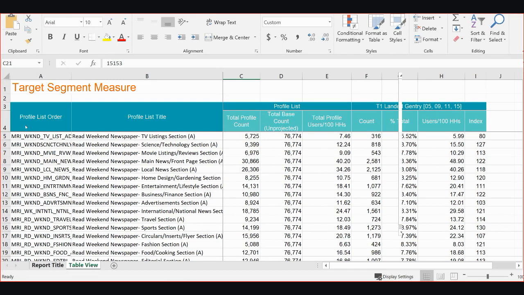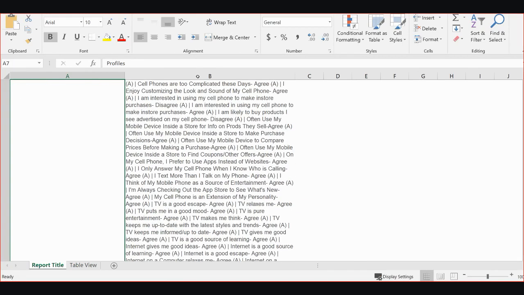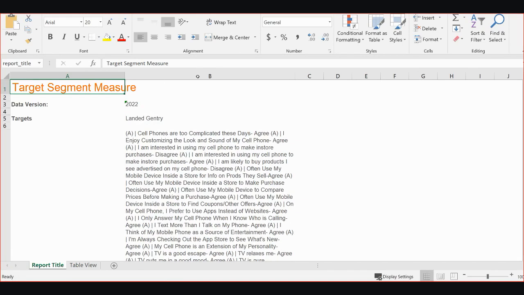The first thing to notice is that when it opens, it's just going to look like all of this, wow, that's a lot going on here. These are just all the different profiles that I chose to look at. I chose landed gentry was my target.